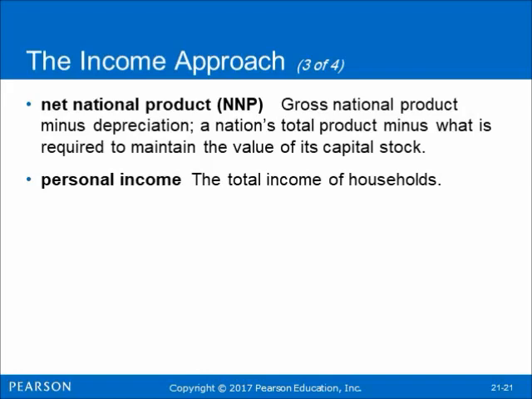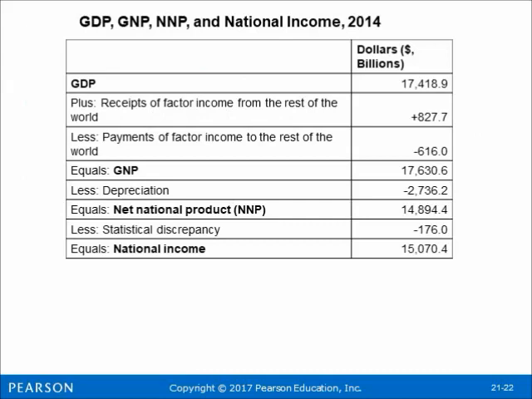Personal income. This is the total income of households. The following table shows how to calculate GDP, GNP, NNP, and national income in 2014 for the U.S.